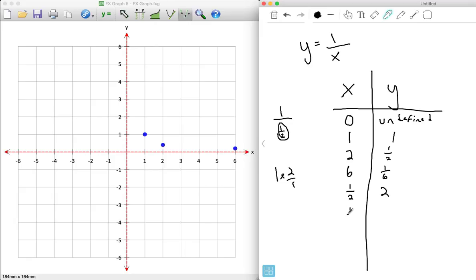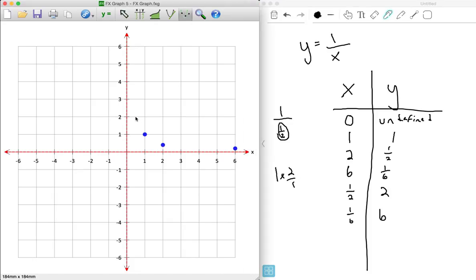If I have 1/6, the next value right in here somewhere, that will become 6. So at an x of a half, I get 2. And you kind of see the echoing of these values. At an x of 1/6, I get 6, which gives me a point up there. So what shape does this make? I'll let the program show you in just a second.